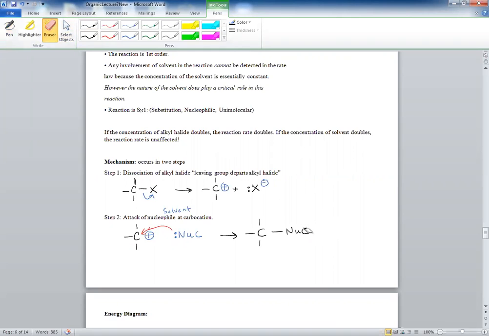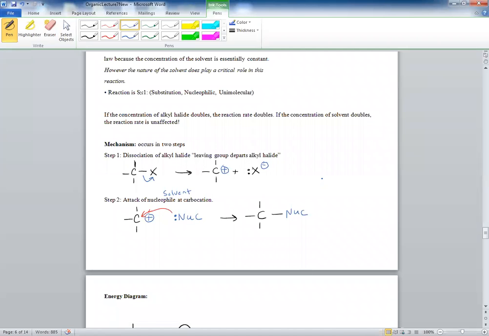Let's just put it in blue to keep it consistent here. So before we move on, again, this is our rate limiting step, so this is the slowest. And this would be the fastest step.